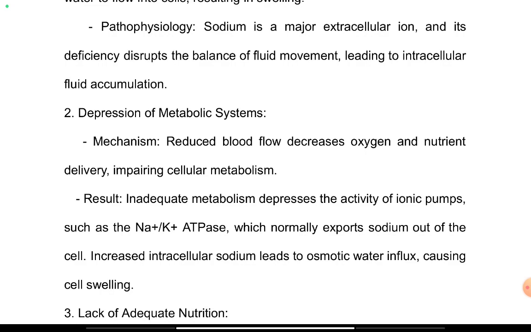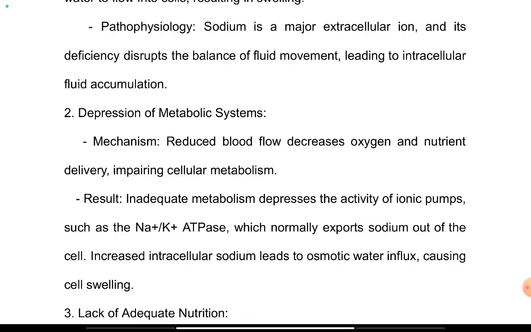What is responsible is the active channel, sodium potassium ATPase, through active transport, which makes use of ATP. In producing ATP, you need oxygen, and you get oxygen from hemoglobin inside red blood cells. When there is no blood, which could be a major cause when there is reduced blood flow to a particular organ, the sodium potassium ATPase won't work in that organ, and sodium will not be able to be exported out of the cell.